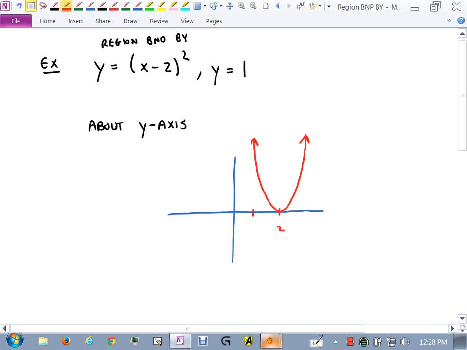Y equals 1 is where? Well, it's right here, so we've got y equals 1, goes like this. Do y'all see the region? Yeah? Is it this? Okay.